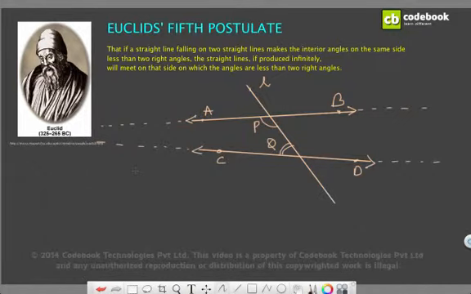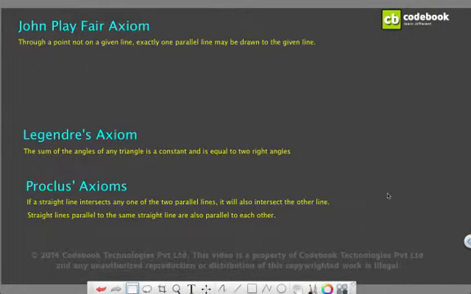Based on Euclid's fifth postulate, there are many other mathematicians who came up with equivalent versions of the fifth postulate. The first among them was John Playfair, whose axiom states that through a point not on a given line, exactly one parallel line may be drawn to the given line. So what does he mean by that?